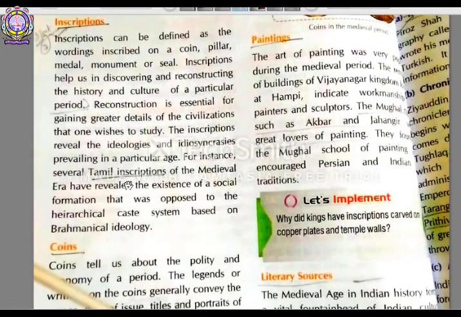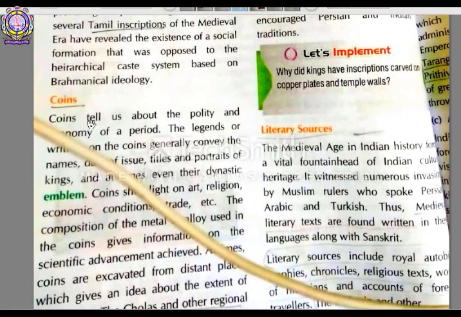Okay, that was inscriptions. Now we will talk about the coins. Coins tell us about the polity and economy of a period. With the help of coins, we can get the information of the polity and the economy of the time.